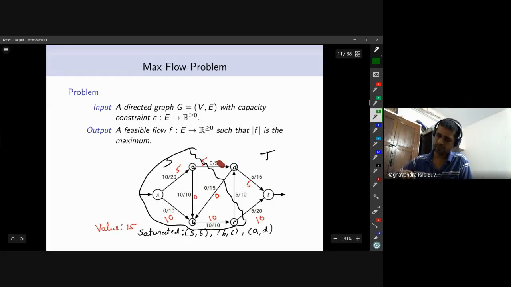Edge with weight 5, this one. And what else? Edge with weight 20. This is the edge with weight 10. So 5, 20, 10 makes 35, the value of the cut. This edge will not contribute.